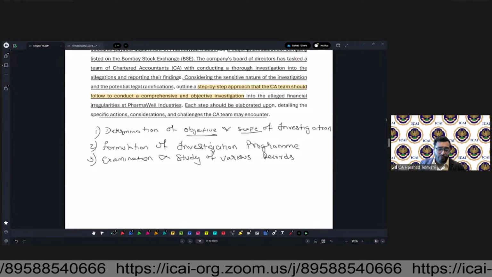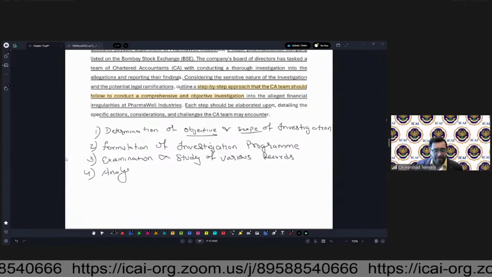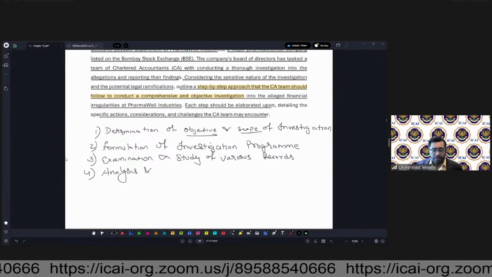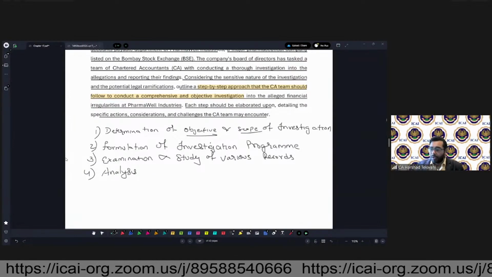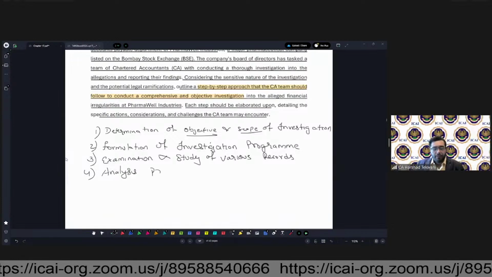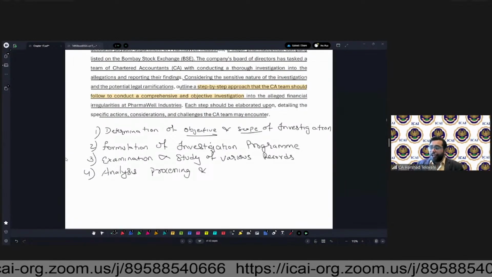The fourth step, very crucial, analysis, processing, and interpretation of the findings.